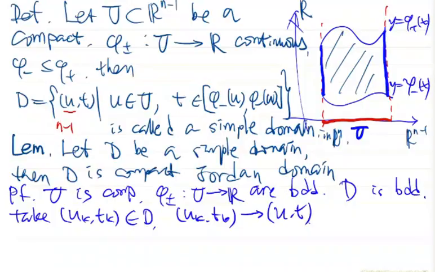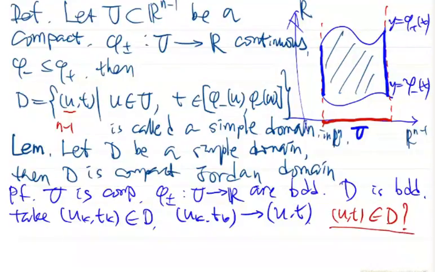The question is: does (u, t) belong to D? If whenever (u_k, t_k) is a sequence in D and it converges to a point (u, t), you have (u, t) belongs to D, then D is closed. This is the definition of a closed set. So we can prove that D is closed.